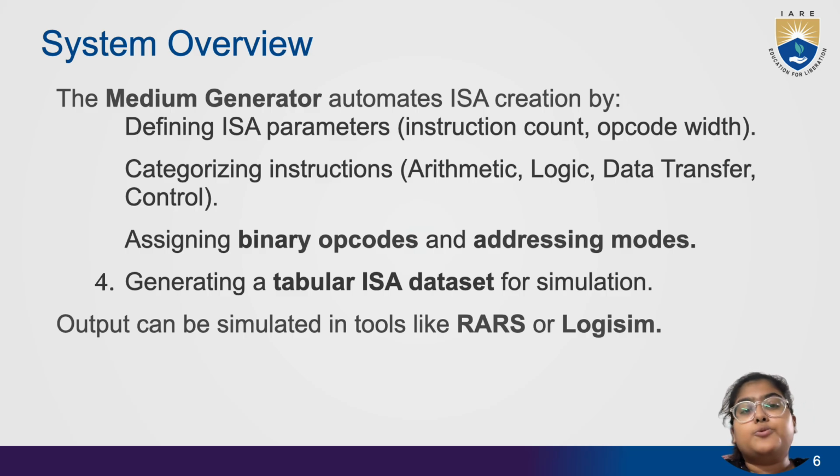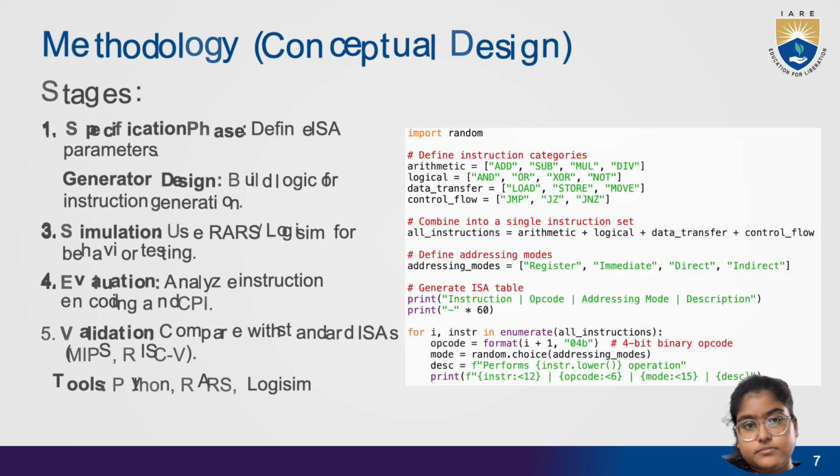Finally, the output can be tested in simulators like RARS or Logisim, which visualize instruction execution much better. This makes the generator an effective bridge between ISA theory and real hardware simulation.